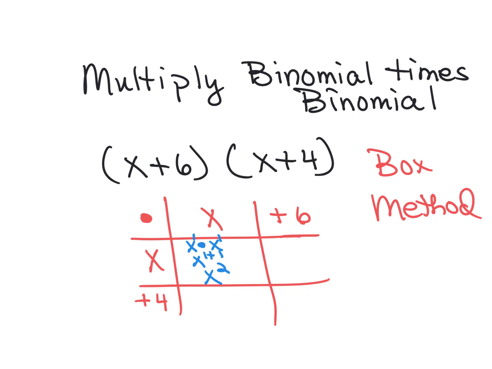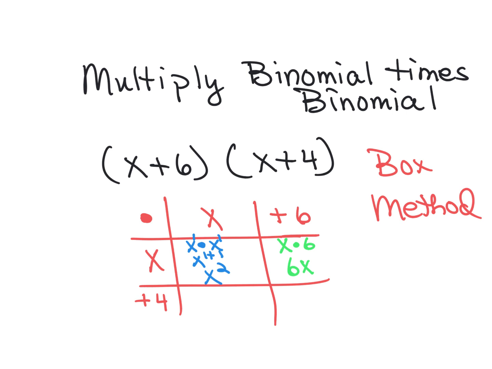Okay, my second box, I take the first term on the left times the second term on top, and I multiply x times 6, which gives me 6x. Then I do the second row.